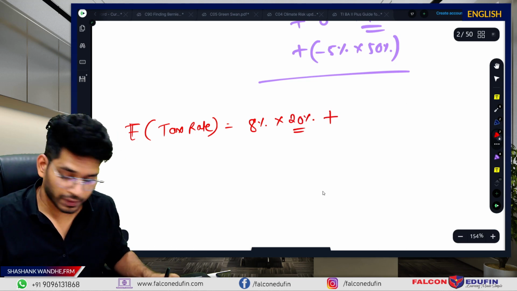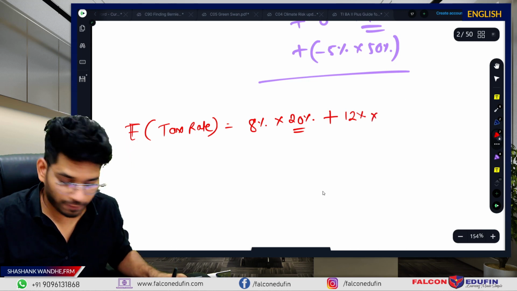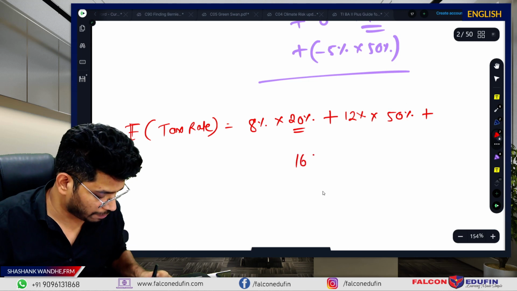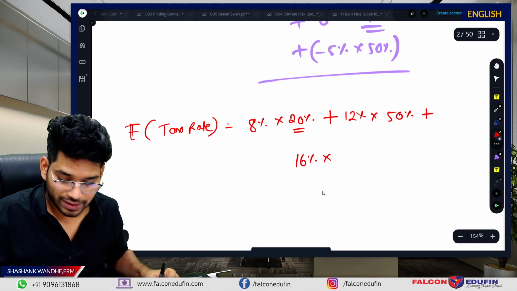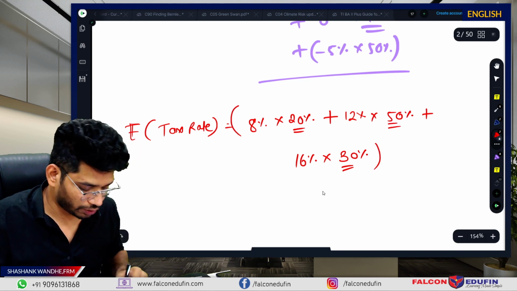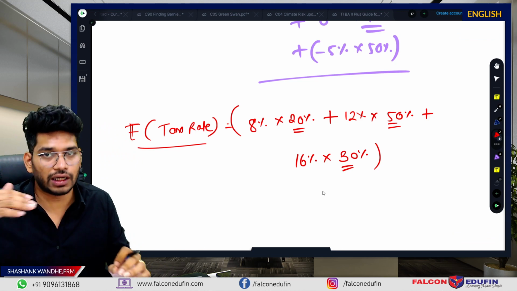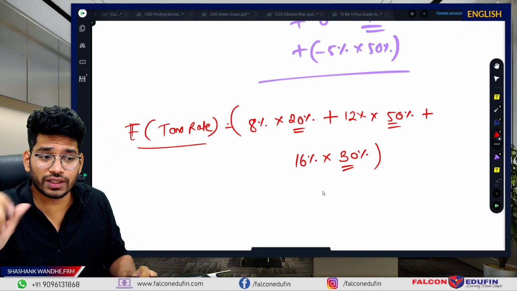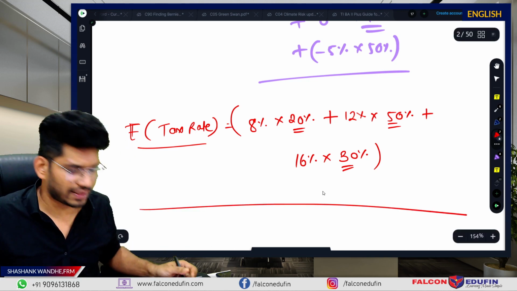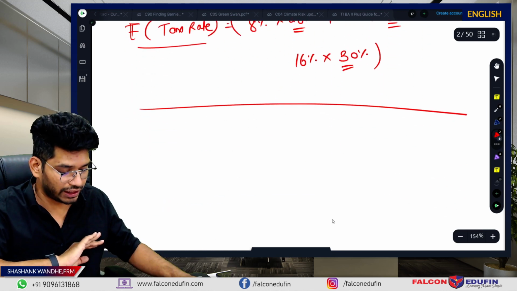Then we have 12% tax rate with probability 50%, and then 16% tax rate multiplied by 30%. This is the probability, this is the probability. Simply take the total. So expected tax rate, here we are not talking about the change. In the share price case, we are talking about the change. Here we are talking about the tax rate. Fine. That's it. This is the end of the discussion of the probability section in the multivariate.